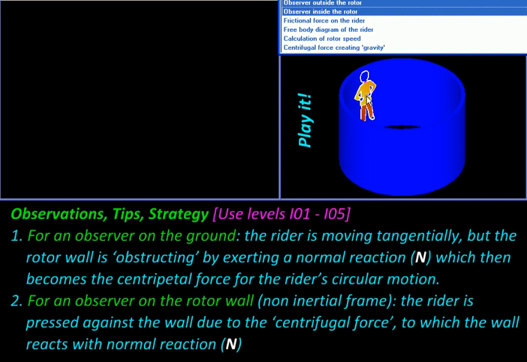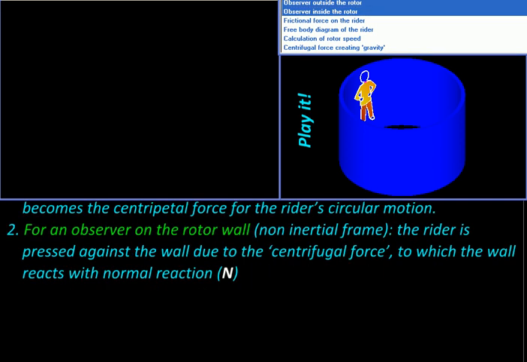This force will make the rider feel as if he or she is getting pushed outward, and thereby he or she will get pressed against the wall, and the wall naturally will react to that with normal reaction N. Now, whenever there is a contact between two bodies and there is a tendency of relative motion, then frictional forces are created. Here the same situation is true.